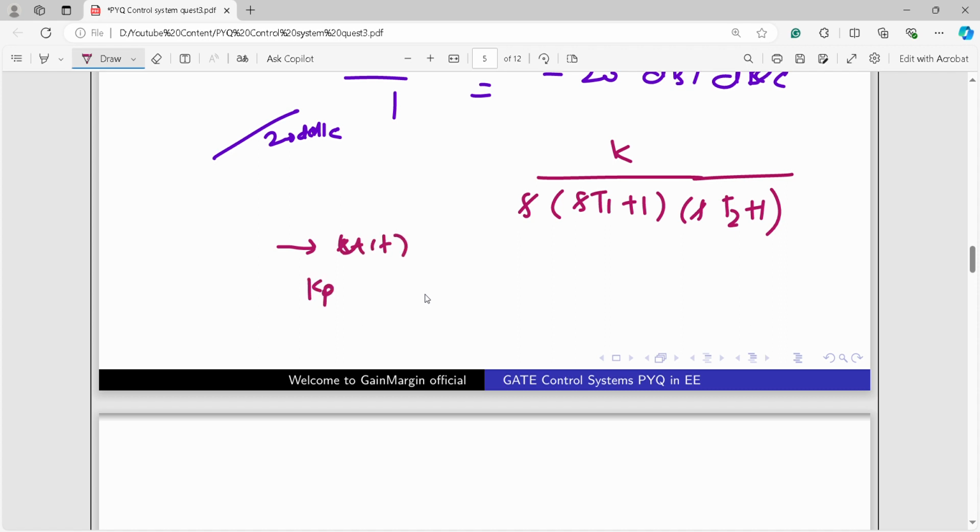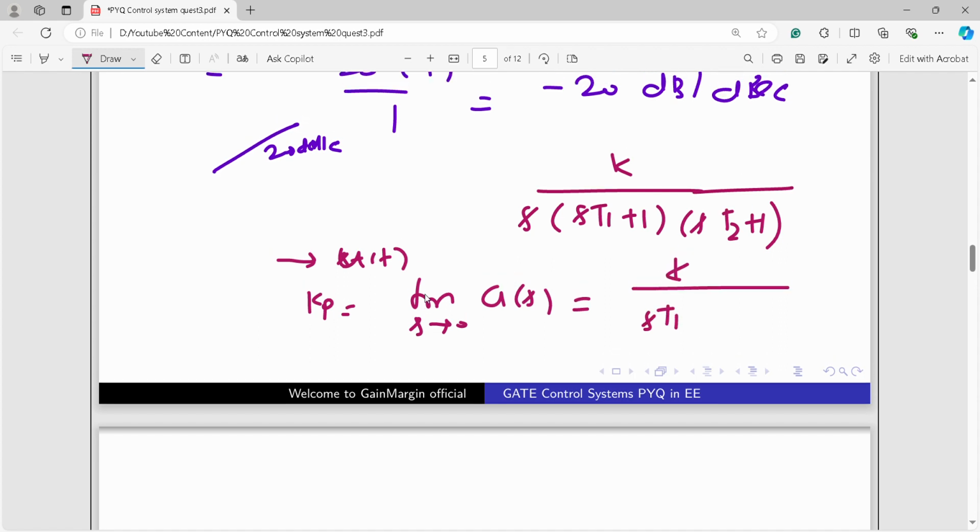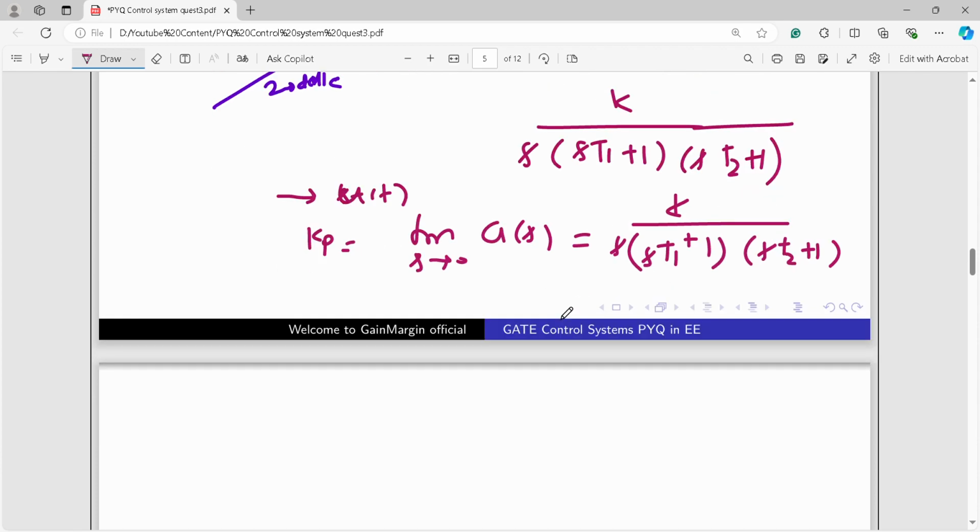Kp is the constant, limit s tends to 0 of G(s). G(s) is given, so we get K over s(s t1 plus 1)(s t2 plus 1), and they have given s here. So what is the value?